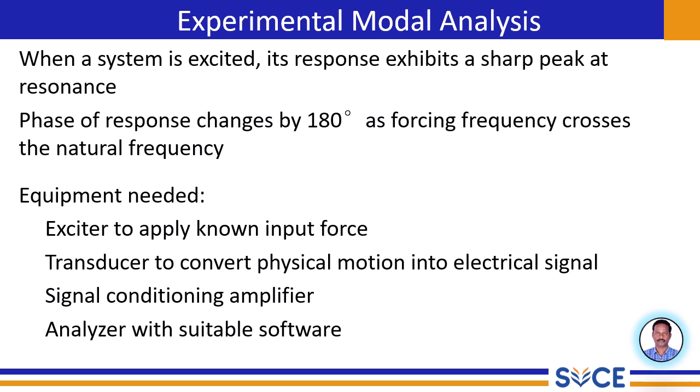However, as we increase the excitation frequency and pass through a natural frequency, the response will suddenly shift, becoming significantly out of phase, almost an opposite motion relative to the applied force. This phase shift is a key indicator that we are exciting a natural mode of the structure.